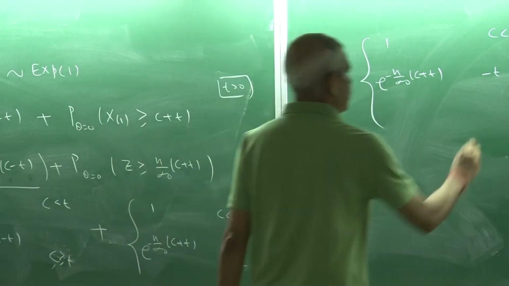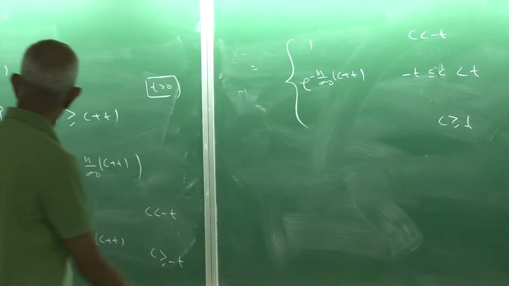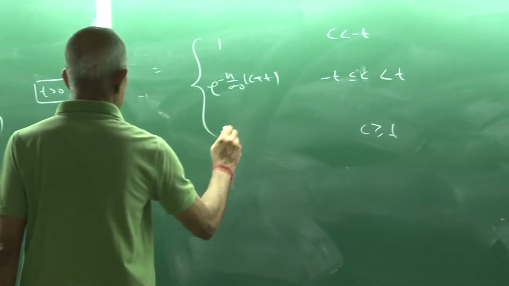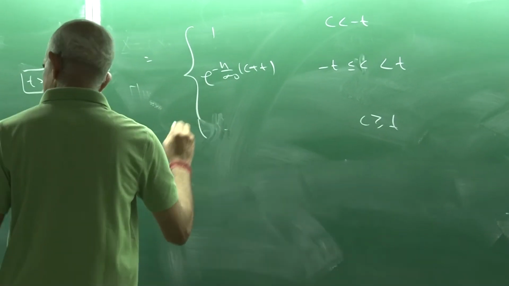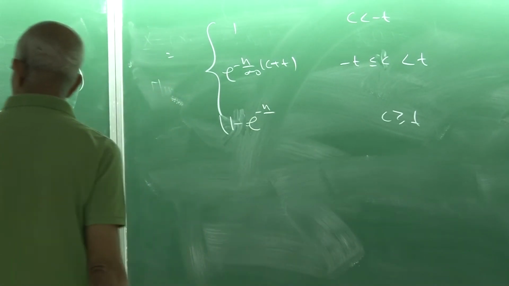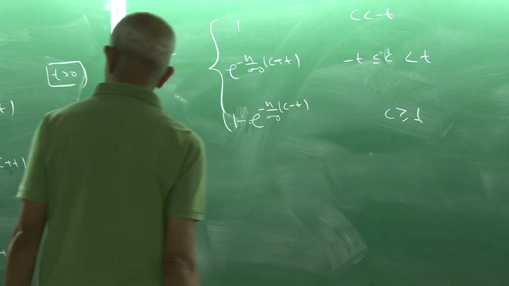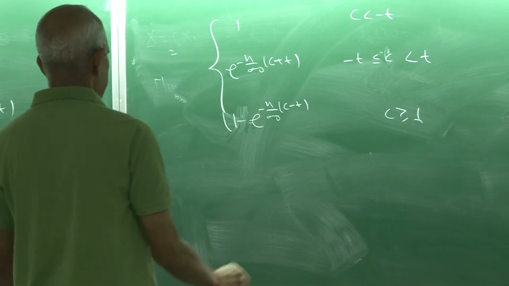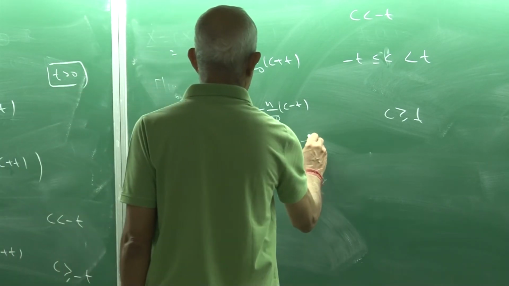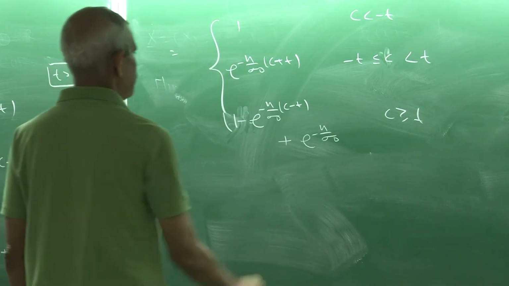And what is for c greater than or equal to t? C greater than or equal to t, both the sides. So both get added. So 1 minus e to power minus n by sigma naught (c minus t) plus e to power minus n by sigma naught (c plus t).